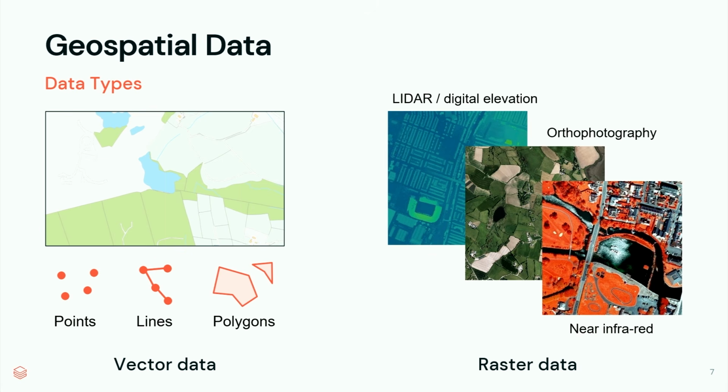In the case of LiDAR, each pixel value is actually your height above sea level or to some reference point. And with near-infrared as well, if you combine that with the visible light spectrum, you can do lots of interesting things. You can calculate indexes that tell you something about vegetation and water for flooding and water bodies, etc.